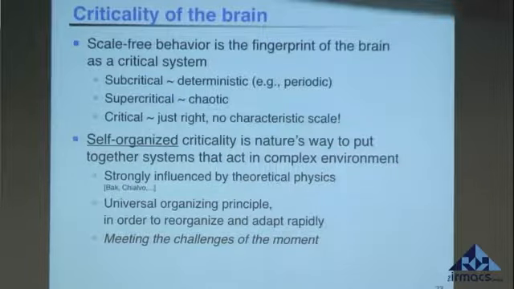You could imagine a subcritical system as a deterministic system, like a Swiss watch, right? Then you wouldn't really need a complicated brain. You could do with a very simple brain. A supercritical system would be a chaotic system, where of course you also wouldn't need the brain. And a critical system would be just right.